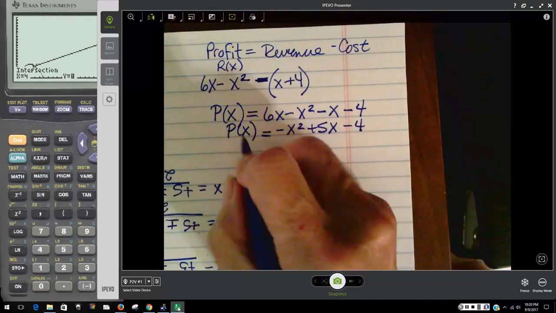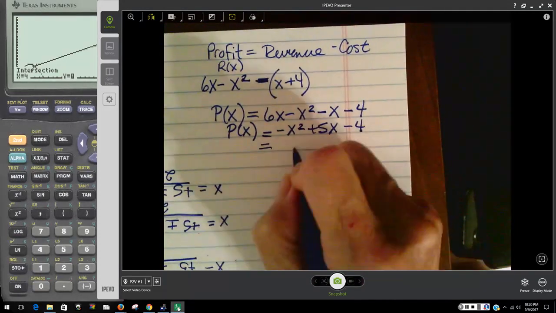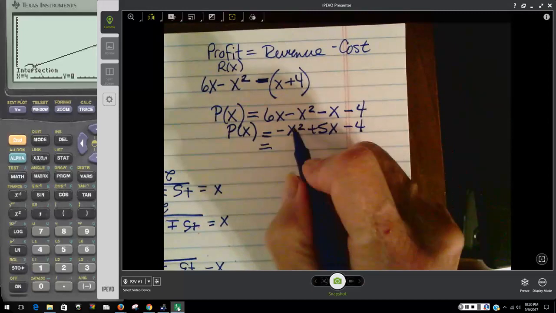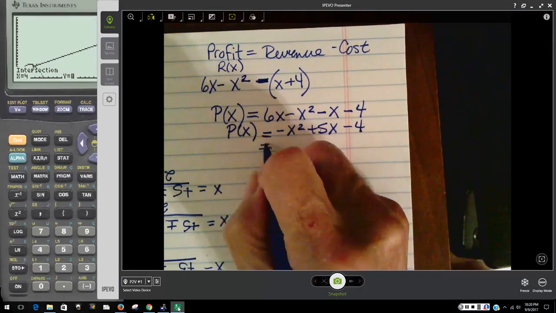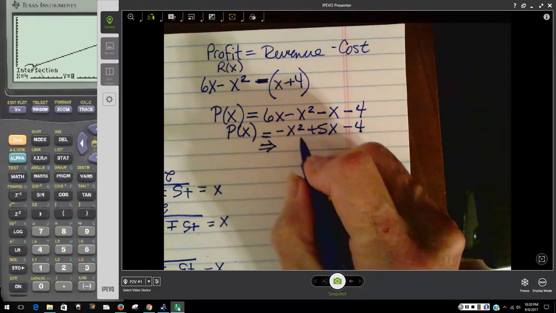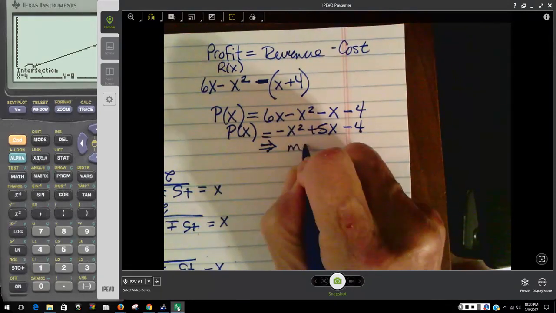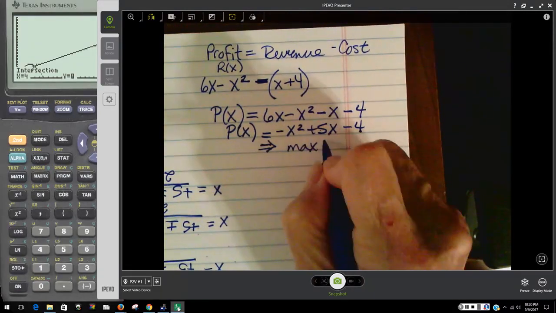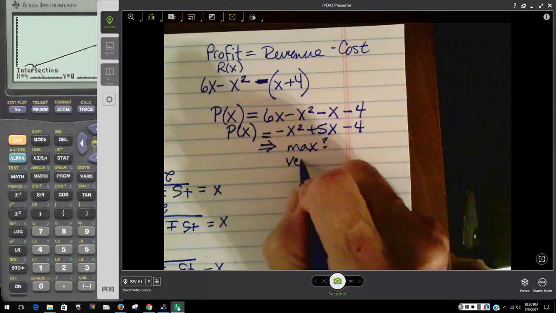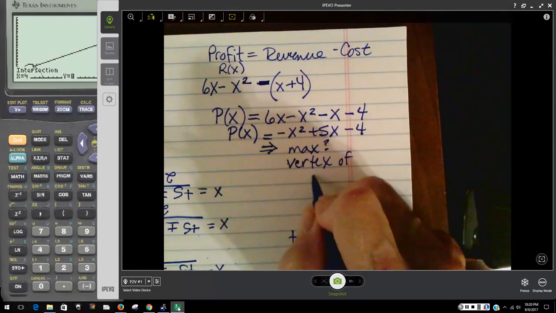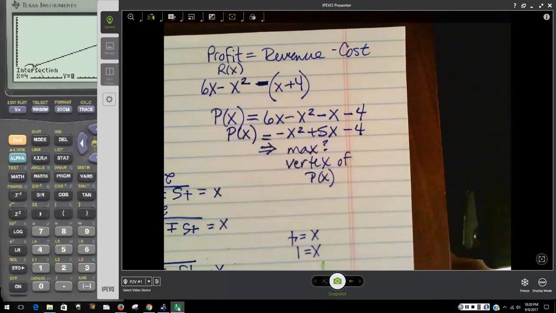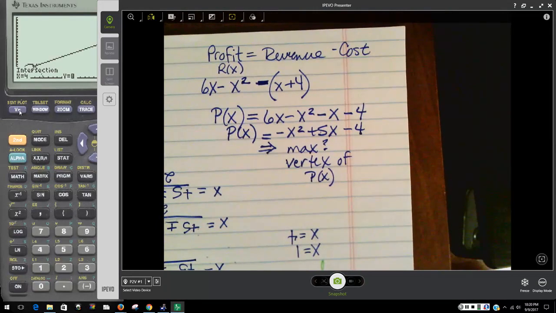You can also turn your profit equation around and make it negative 4 plus 5x minus x squared, but what we're looking for is where the profit is at a maximum, and that's going to be at the vertex of p of x. So we need to graph p of x.